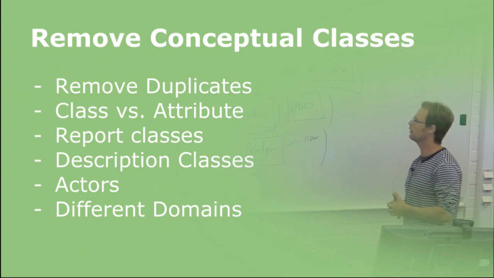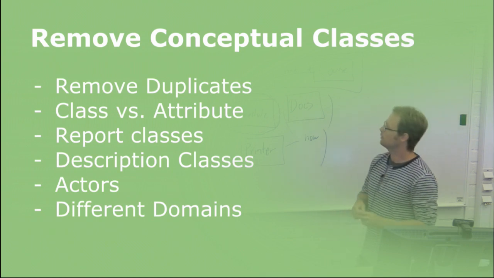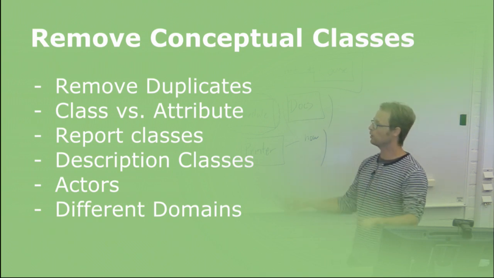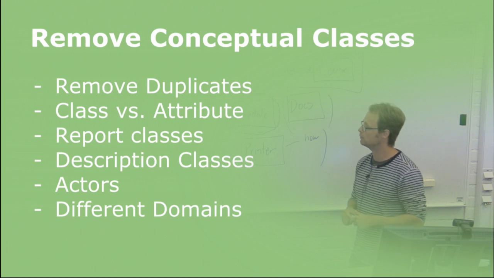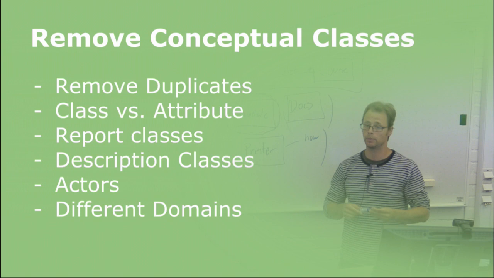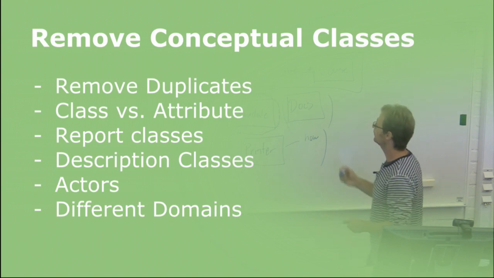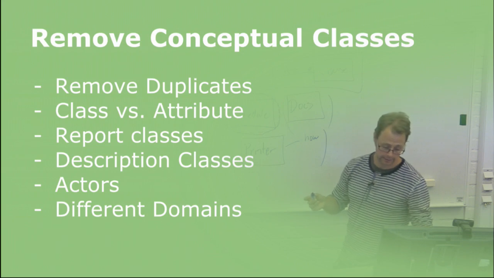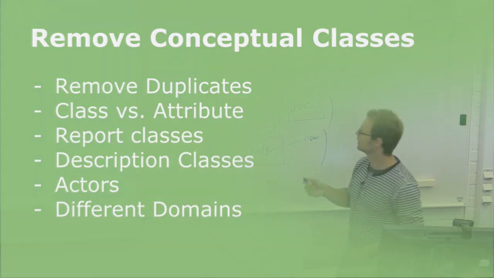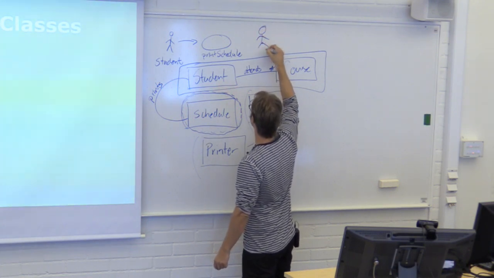Actors, from your requirements or use cases, you often find the roles people can have in this system. It is not always that these roles should be added to the domain model. We could, for example, think like this. Maybe we have another actor here also, admin.